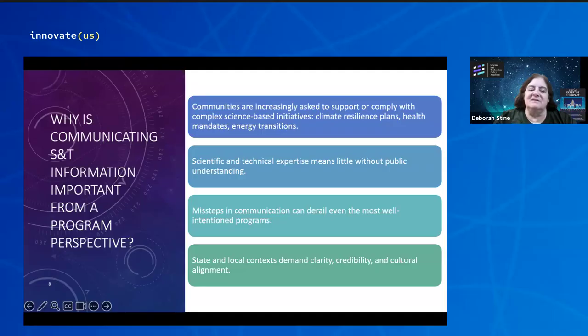And of course, you really want to have clarity, credibility, and cultural alignment with whatever population you're working with. That, again, is going to vary a great deal, not just politically, but by lots of other factors in terms of what is considered acceptable or not acceptable in a particular culture.